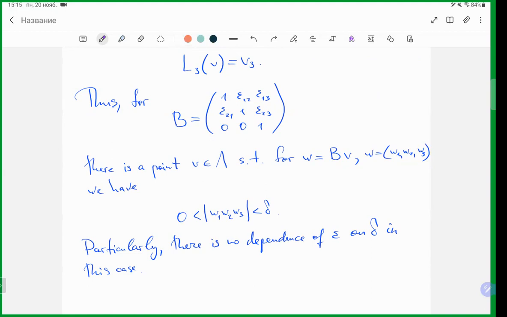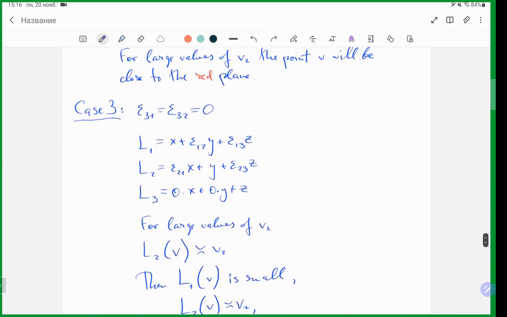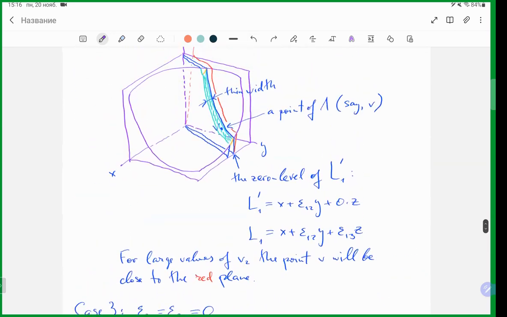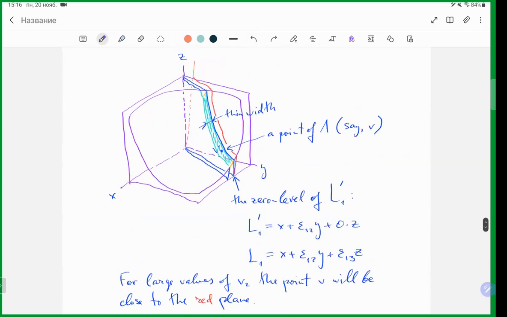So having fixed, say, this quadruple of epsilons, with not all of them zero, we know that we can find a point V, maybe very far, which will have a very small product of the new coordinates.